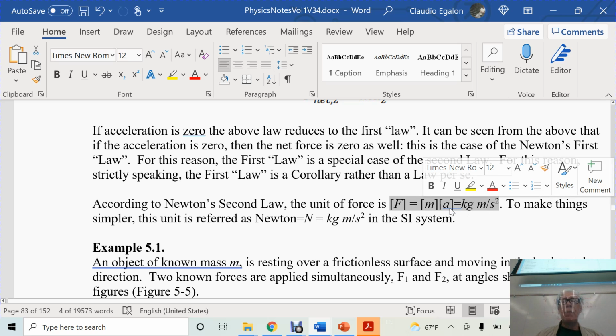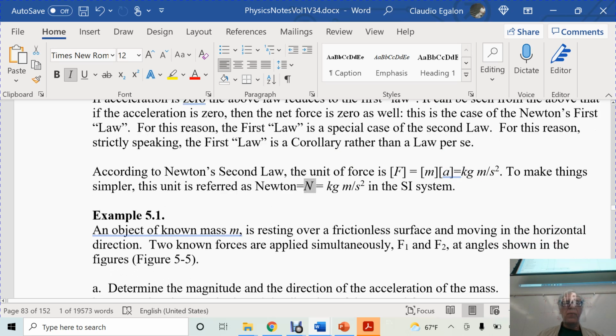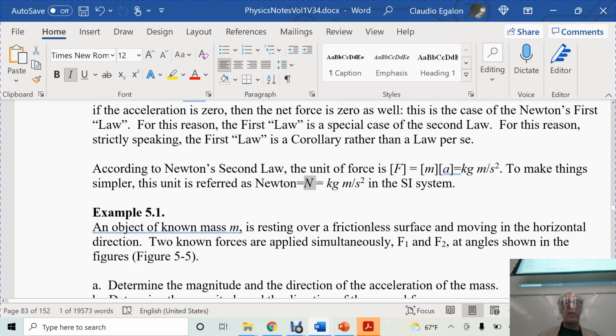Unit of mass times the unit of acceleration. And that we call the Newton. So it is the second law that tells us what exactly is the unit of force. The Newton itself is equal to kilogram meter per second squared. That's what we are doing, dimensional analysis.